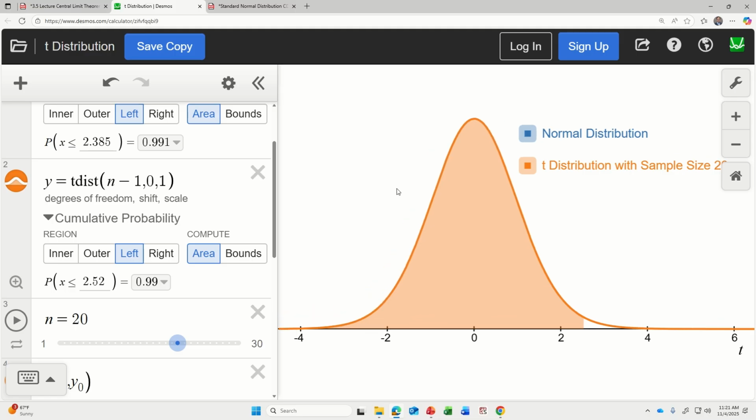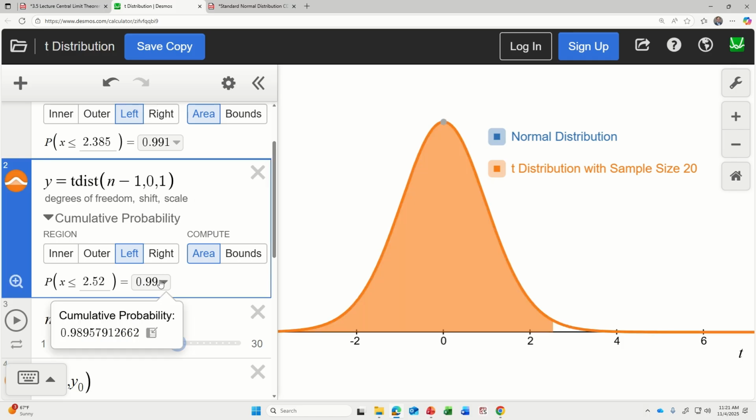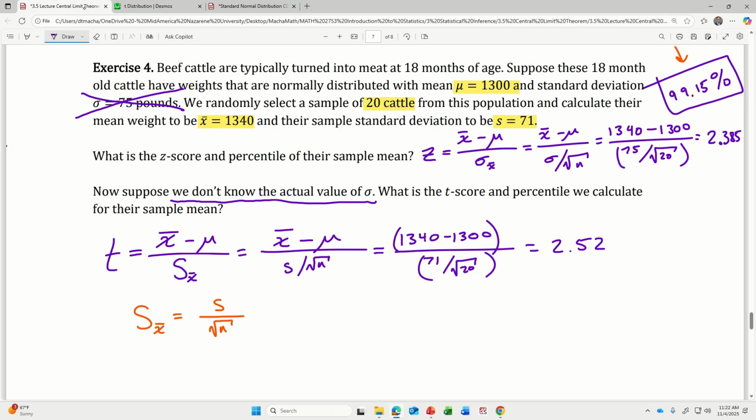Okay. So here's my t-distribution with sample size 20. And the area that's to the left of 2.52 is 0.9896, or in other words, 98.96%, from using Desmos.